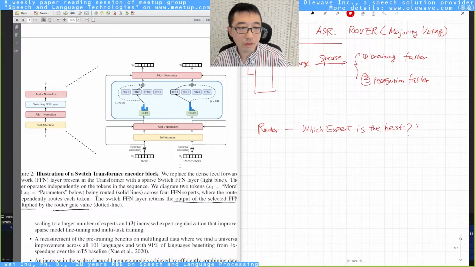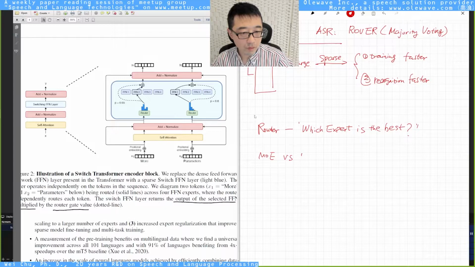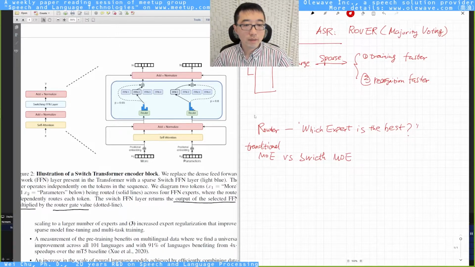So people may ask, how is it different from the traditional MoE model? The first difference is that it's sparse, like I mentioned.